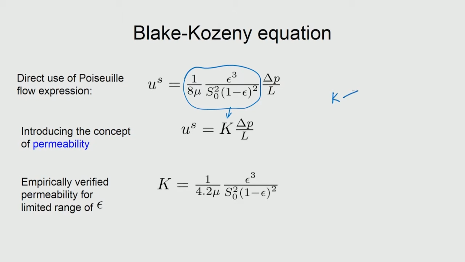So, k tells you the ability of the porous body to let the fluid go through it. Okay. So, it is telling you how efficiently the pressure drop converts into velocity.